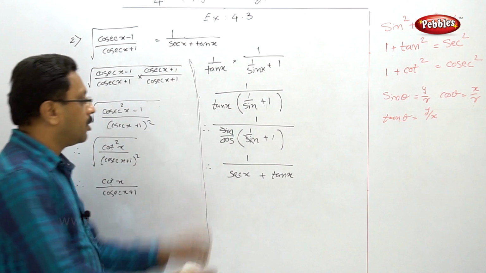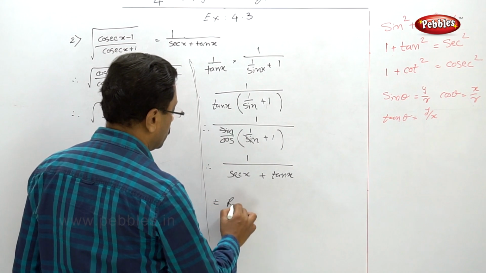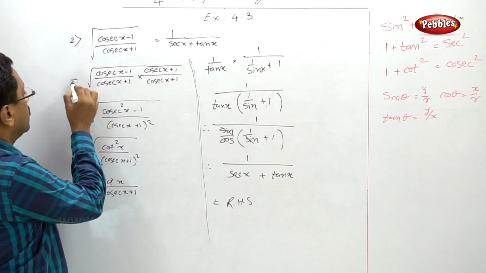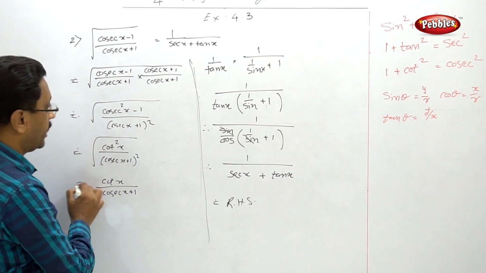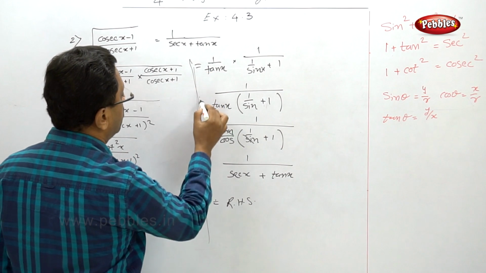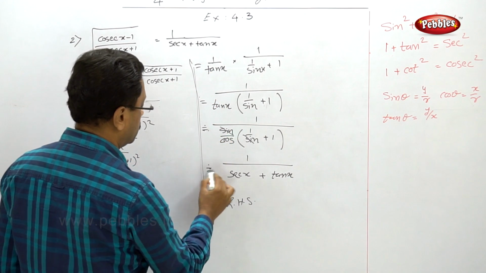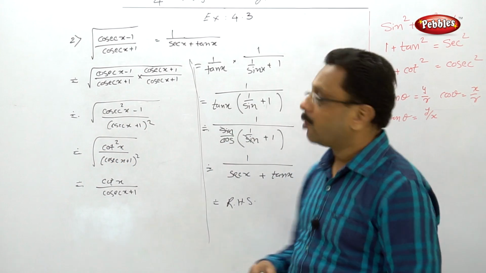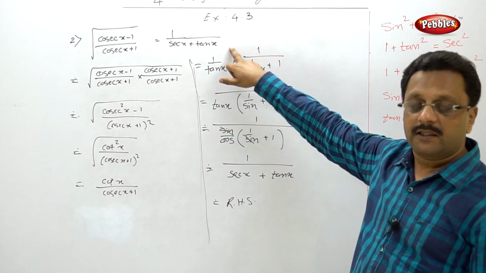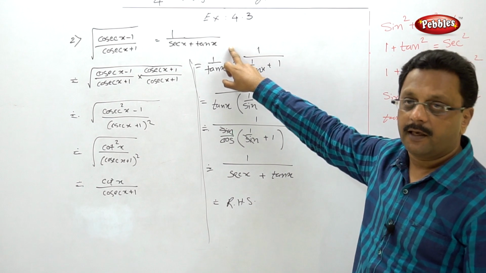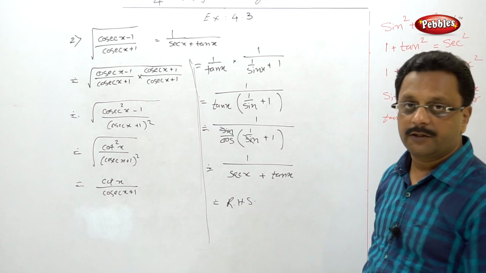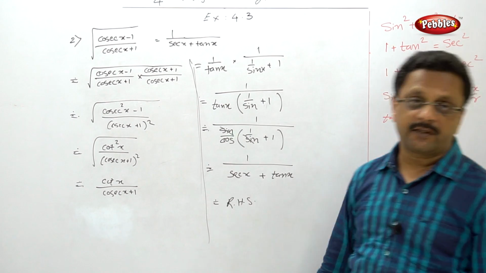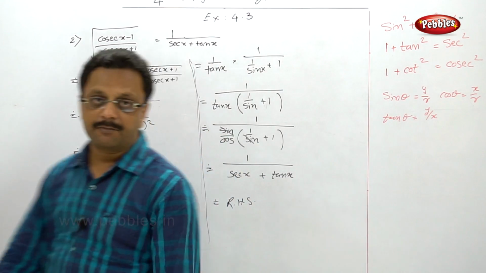So ultimately we got the answer equal to the right hand side, which is proved. First see what is asked, what we want on the right hand side, and then try to solve it. This is very simple, but such kinds of examples are sure to come in your exam.